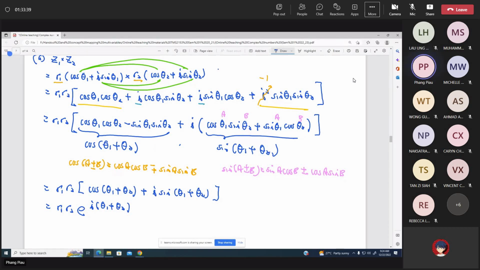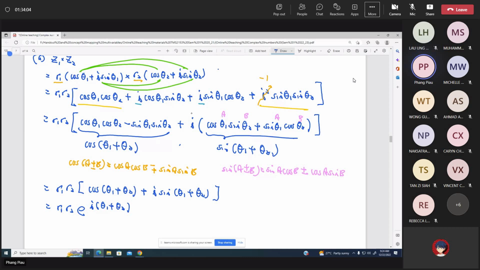Okay. So what do we mean by this? If you have two complex numbers, if you want to find the multiplication of them, it is simply to multiply their modulus, and also you add their argument, which is your theta.